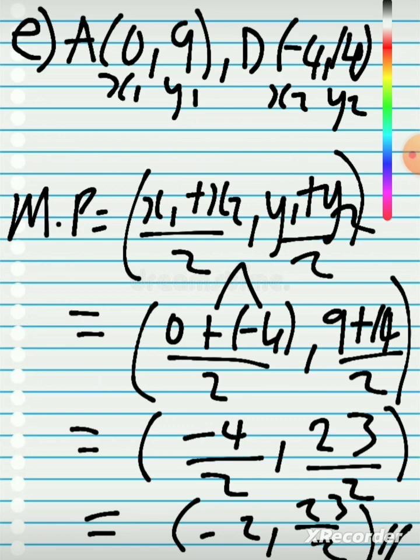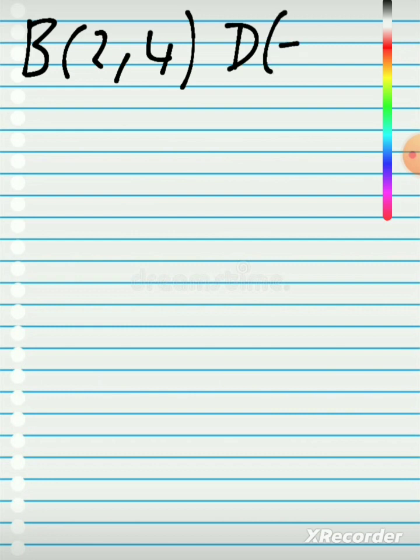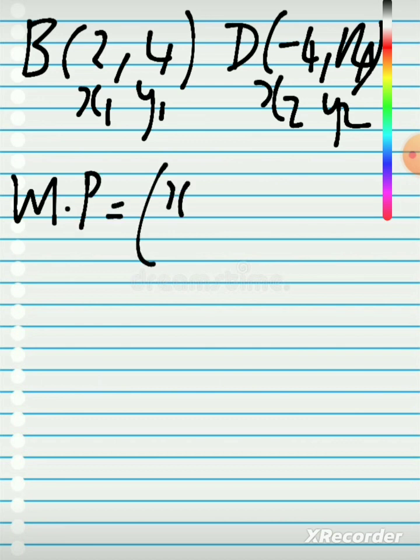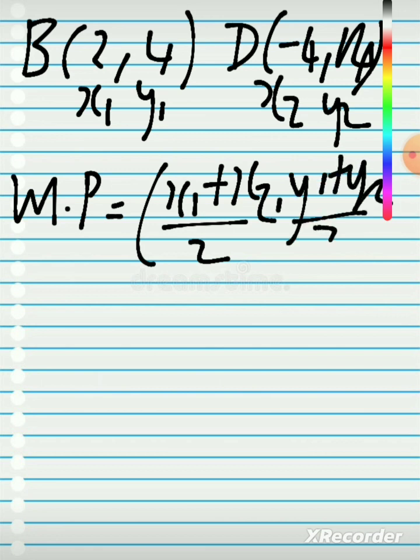Okay, we go to the last one, F. So F is B and D. We have B, which is (2, 4), and D, which is (-4, 14). So this is x1, y1, this is x2, y2. So midpoint is equal to x1 plus x2 divided by 2 and y1 plus y2 divided by 2.